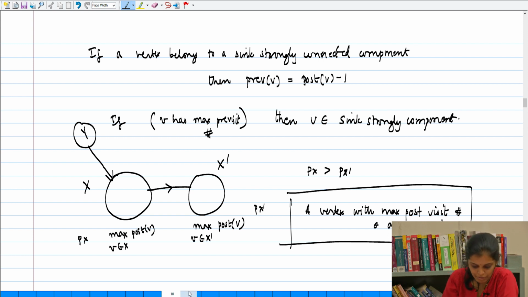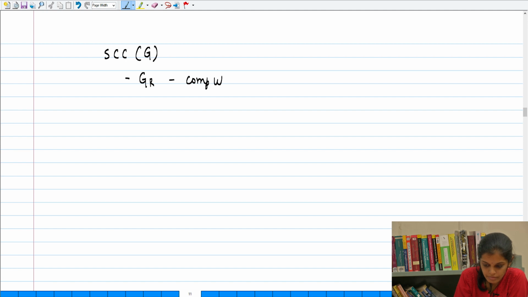So let us write down your algorithm. In fact, this algorithm is attributed to Tarjan, and he has given this very elegant algorithm. So what we do is, this is called strongly connected components of G. So we find GR, the reversed graph.